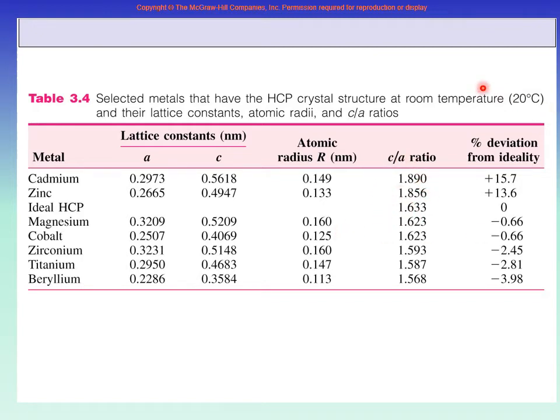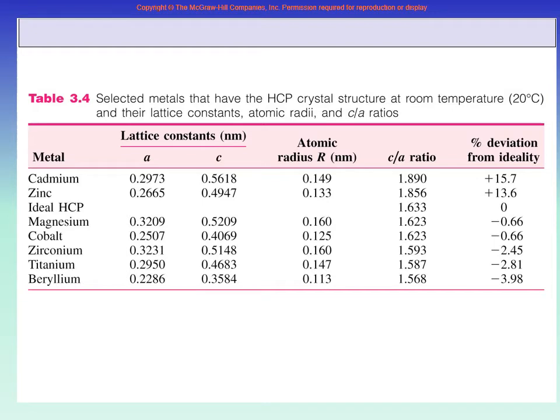So basically all this is just for fun, but this is the important thing, these 3: the unit cell of HCP, hexagonal close packed, the values of A, the hexagonal side, and the value of C, and the atomic radius. So again, if these values are given, then we can do the calculations, but we need some equation before we can go on to the calculations.